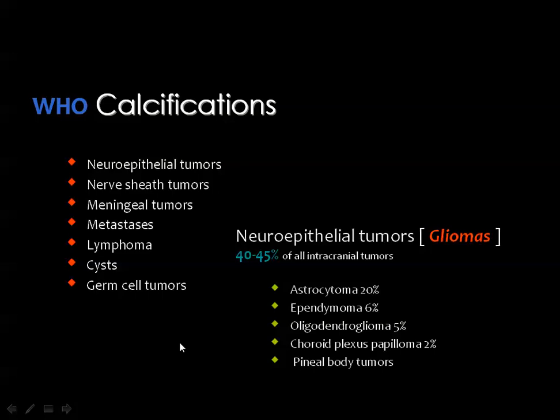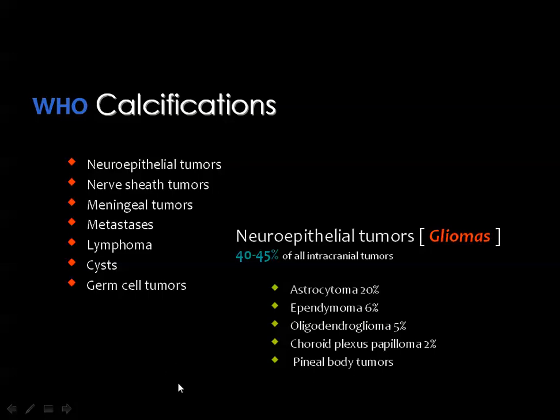And they classified the neuroepithelial tumors, which represent about 50% of all intracranial tumors, into the astrocytoma, the ependymoma, the oligodendroglioma, the choroid plexus papilloma, and the pineal body tumors.